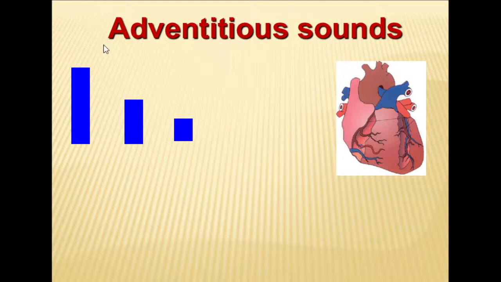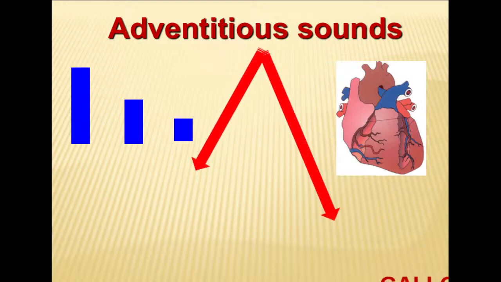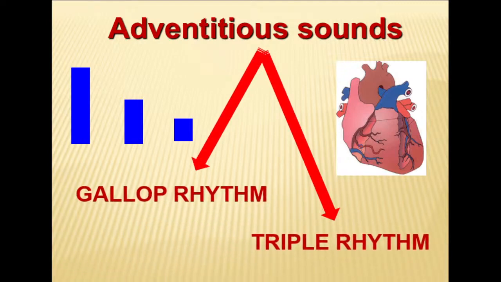In other words, an adventitious sound appears during the diastolic period, which is the audible process of opening the atrioventricular valve or audible vibration of the heart muscle during filling of the ventricle with blood. Depending on the problem, we distinguish two pathological rhythms with three sounds: gallop and triple rhythm.